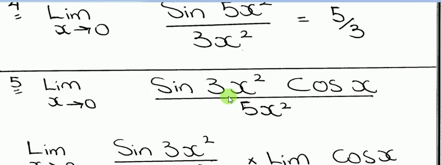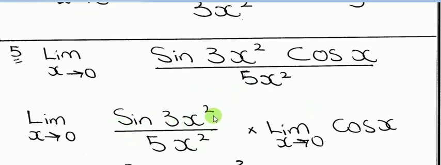Fifth example, and our last example here: limit as x approaches 0 of sine 3x squared times cosine x over 5x squared. Here, sine 3x squared doesn't mean sine 3x times sine 3x, but the power 2 is just on the angle. So it will be sine 3x squared over 5x squared, times the limit as x approaches 0 of cosine x.